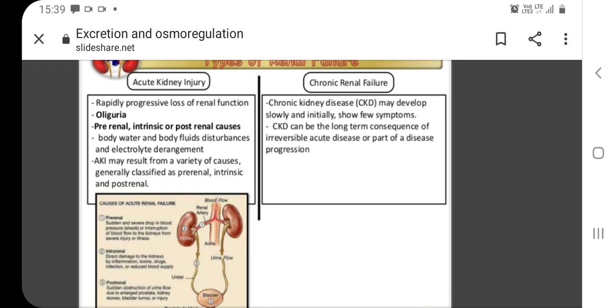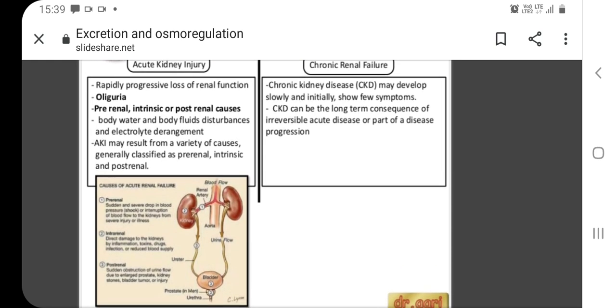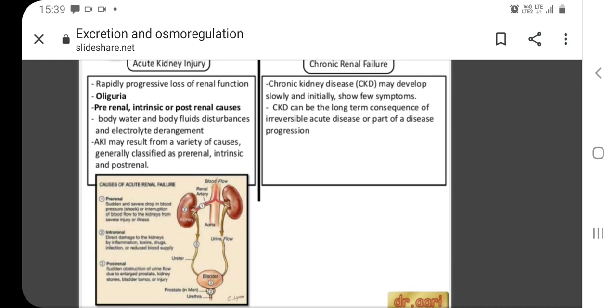Acute kidney failure results in rapidly progressive loss of renal function. Pre-renal or intrinsic or post-renal causes. The acute kidney injury may be due to several other ailments.